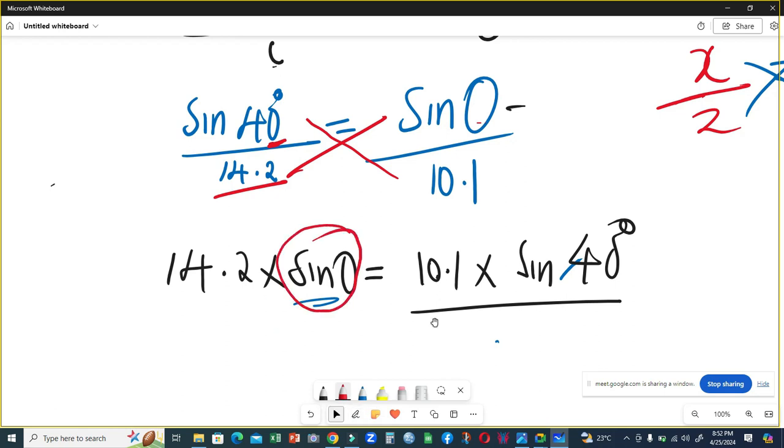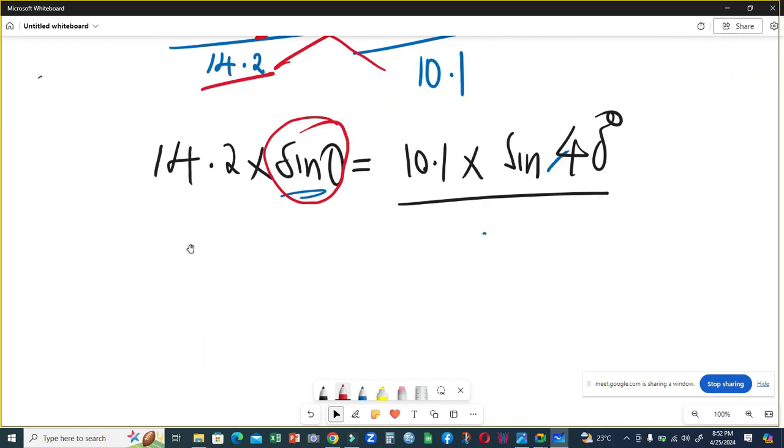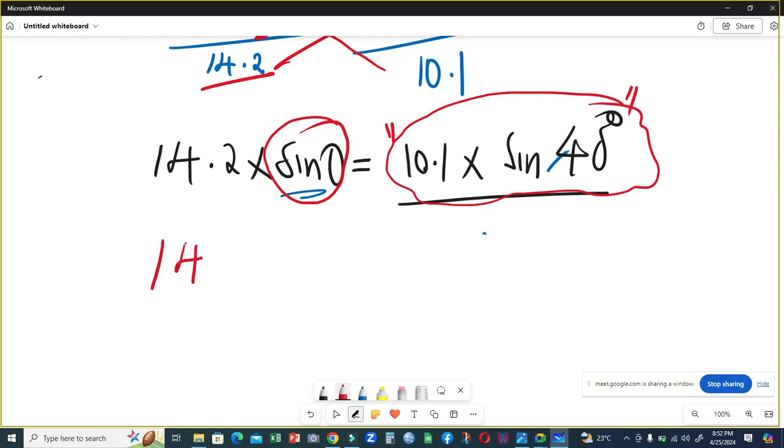Now, before we even remain with sine O alone, I think this part we can multiply, since we are allowed to use calculators. So it means that we'll say we have 14.2 times sine O is equal to, what is 10.1 times sine 40?